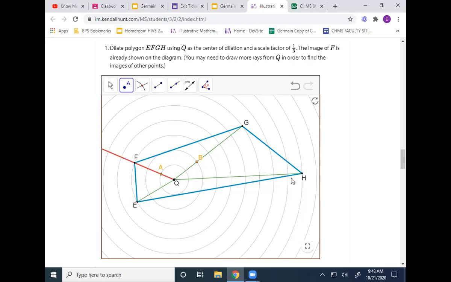So now if I want to look at point H, let's count the distance. Well, let me see if there's something in the chat. No, we're going to count the distance from our center Q to that point H. How many circles out is it? 1, 2, 3, 4, 5, 6.